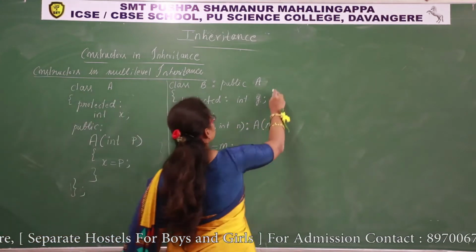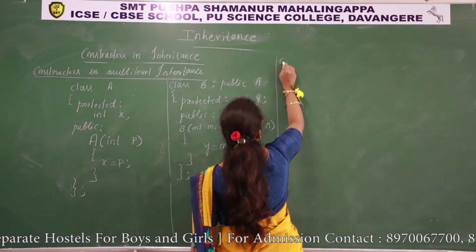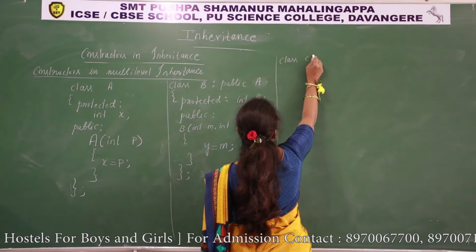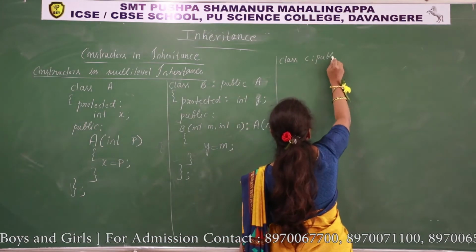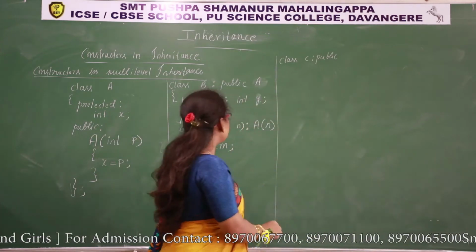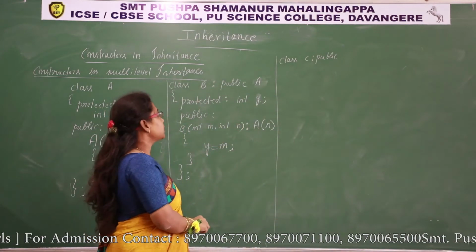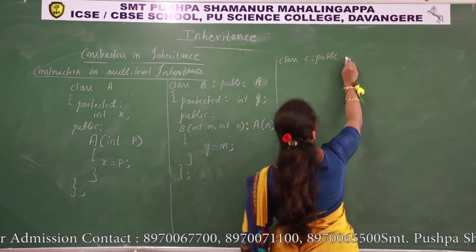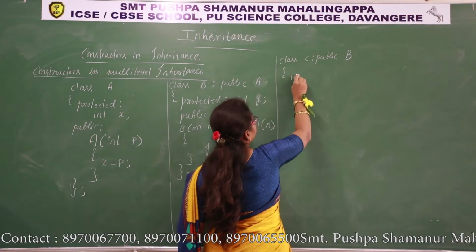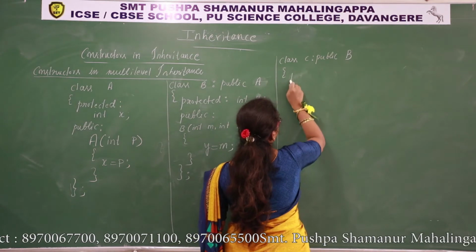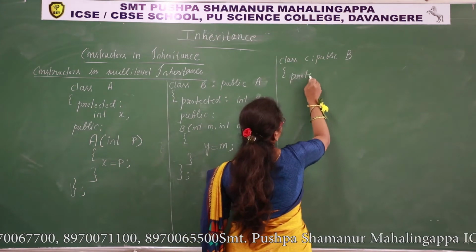Another class, C colon public B. Class C is a child class or derived class of class B. Here I will take the data member int Z, and I make that protected.